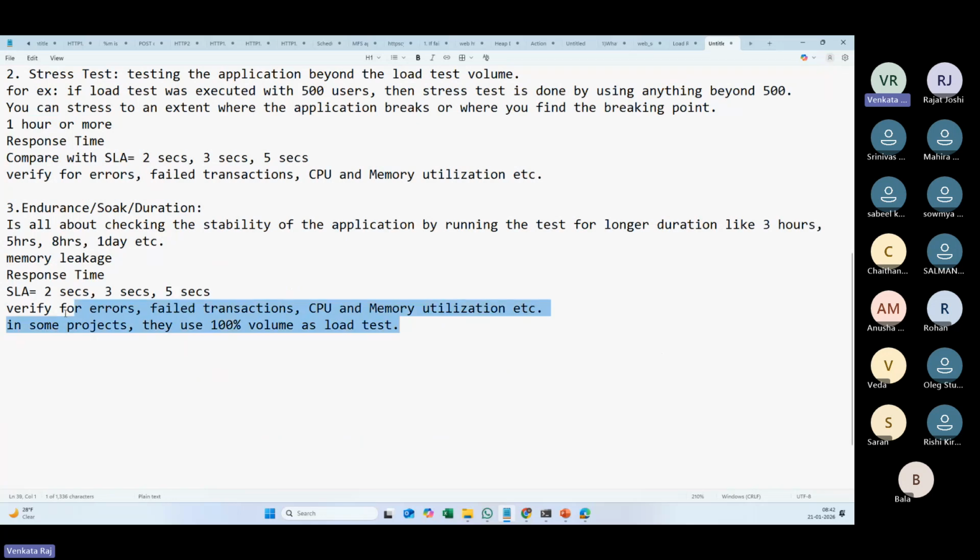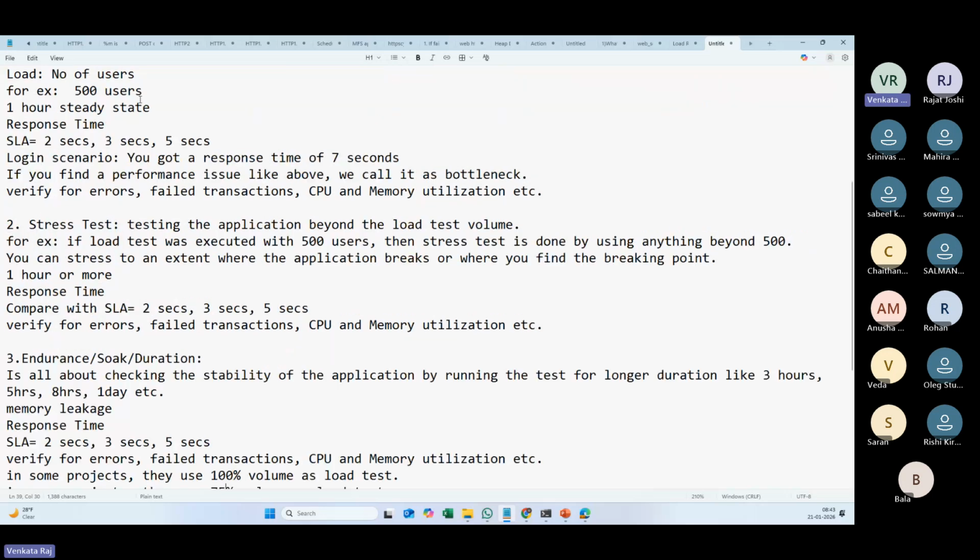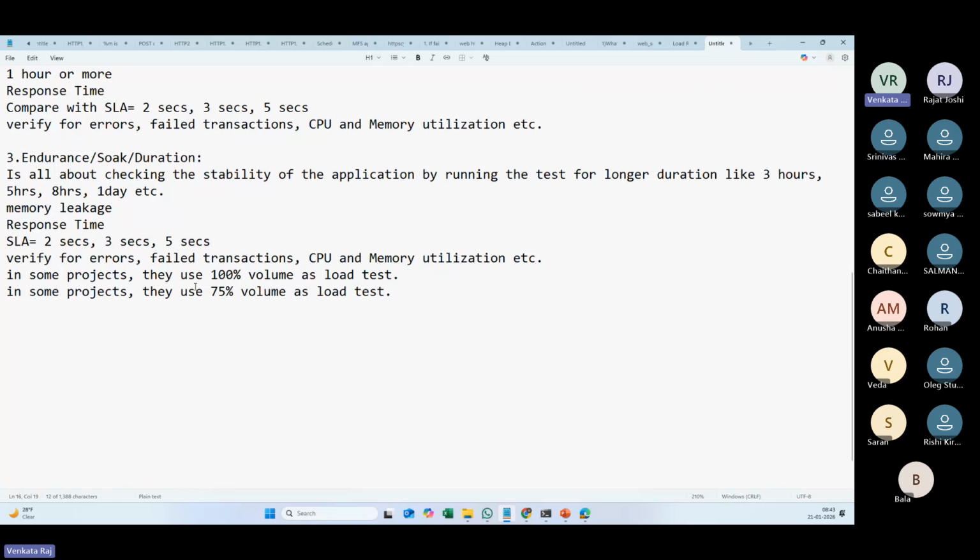In some other projects, they will take only 75% of the volume. That means if the load test is run with 500 users, the endurance test will be run with 75%, that is 350 users. Now, which option do you need to choose? If your project is already following either of these, you continue to follow the same. If you have to take a decision, go with 100% volume, no worries.